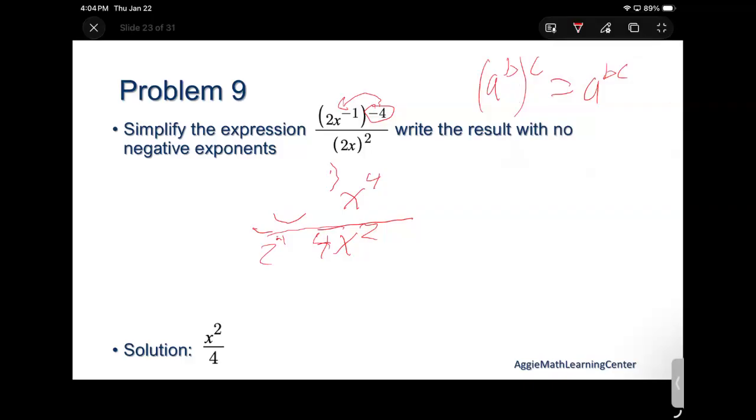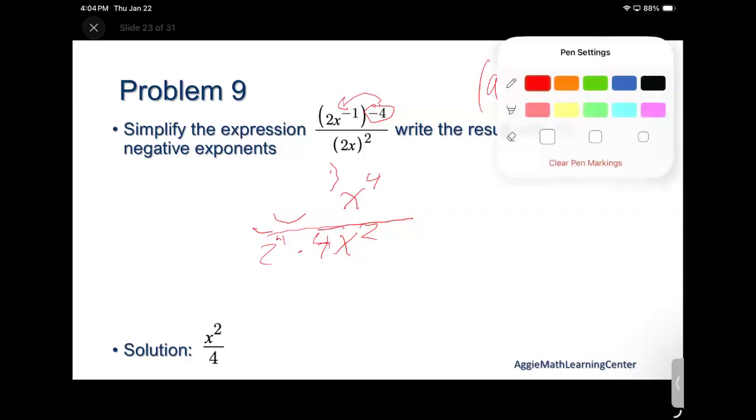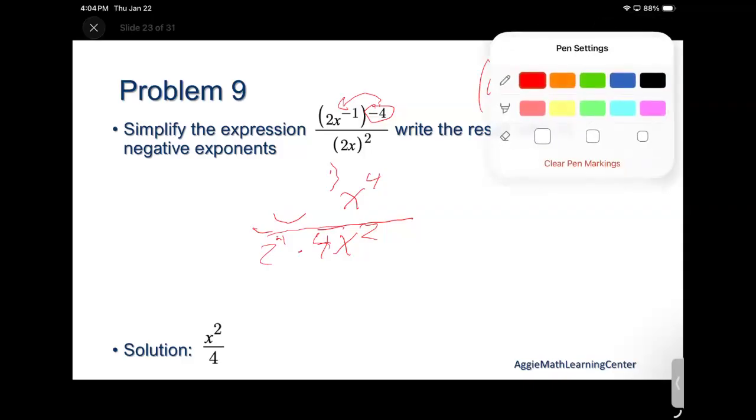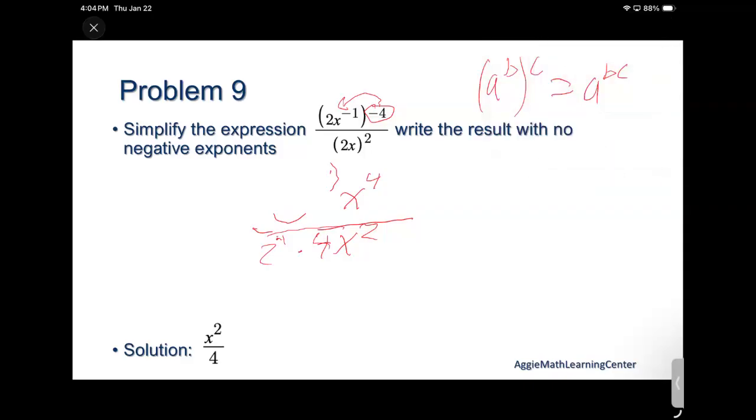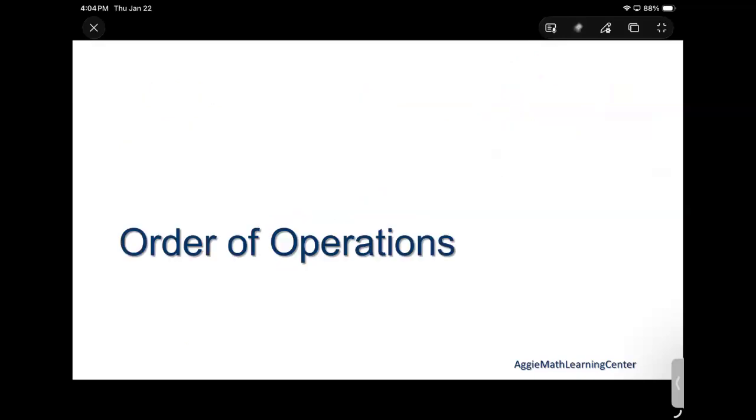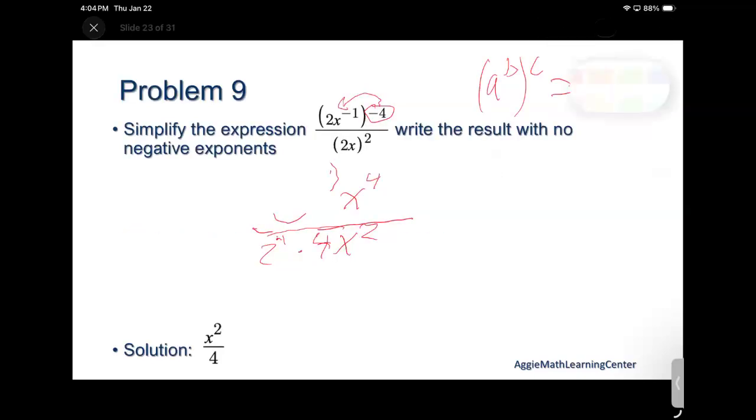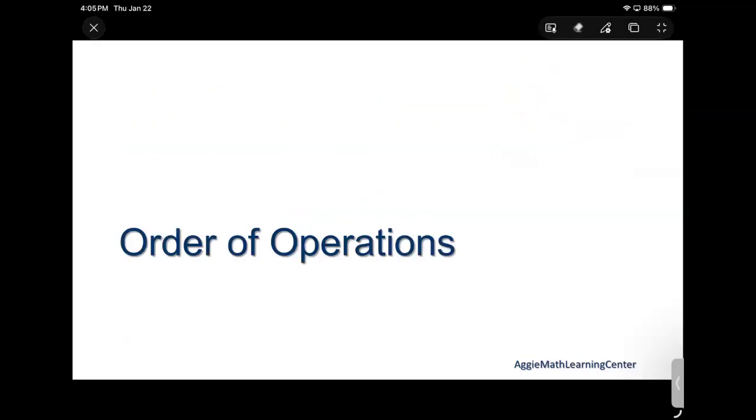Did I mess up something? 2 to the 4. No, because it's going to become 1 over 16x. Sorry, oh jeez, sorry. Let me erase this.